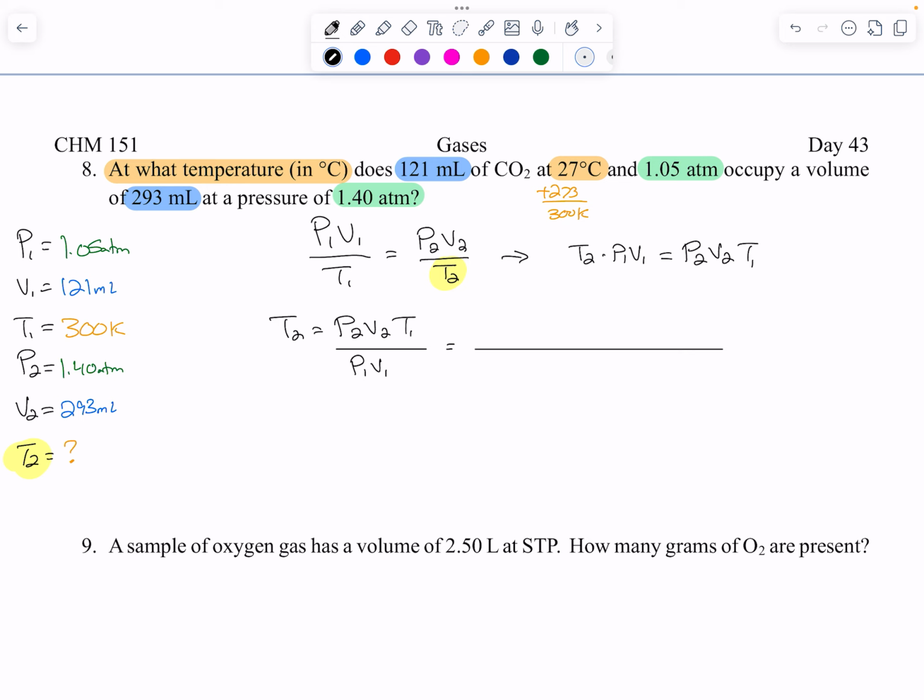All right, so T2 is going to be P2. P2 is 1.40 atmospheres. V2, 293 milliliters. T1, 300 Kelvin. P1, 1.05.